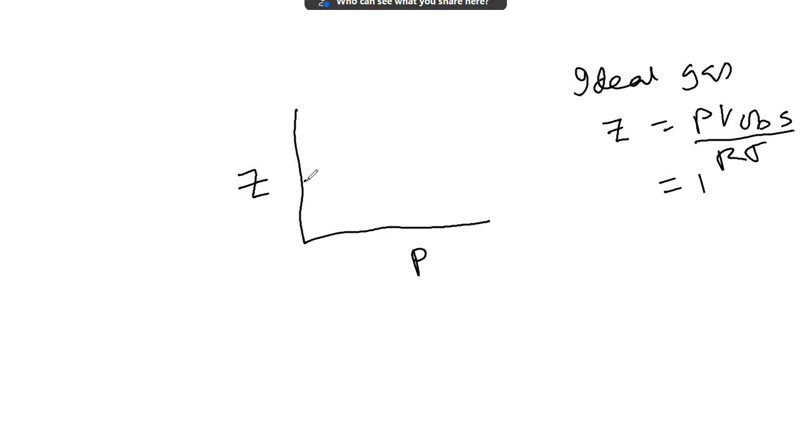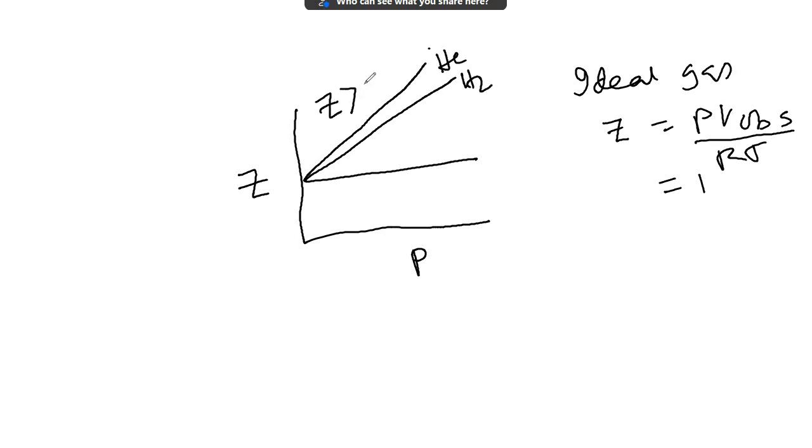So the graph is like this. For hydrogen and helium, Z is always greater than 1, because there is hardly any force of attraction between the molecules.